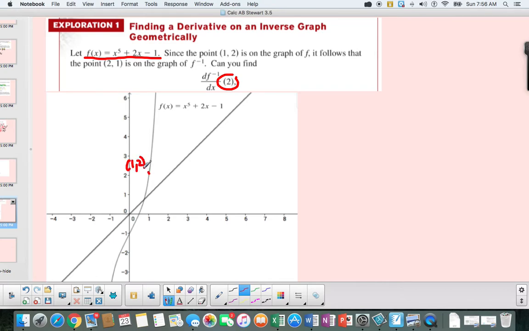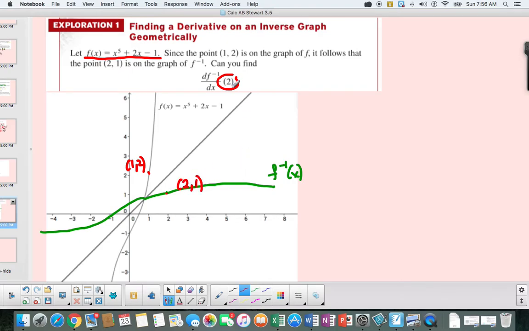Now its inverse will be the reflection, so I'm just going to try to reflect here. And this will be f inverse of x. Now the point that I'm looking for is the point where x and y have exchanged again. So this is the point (2, 1).